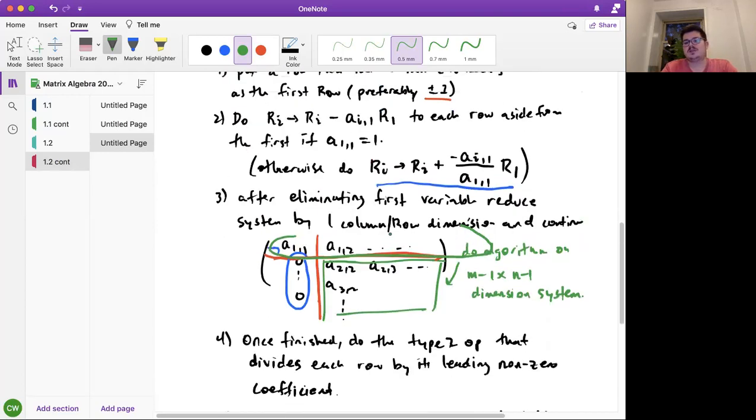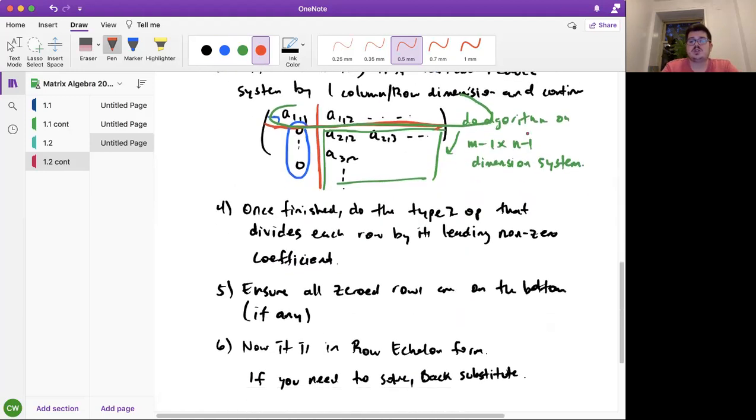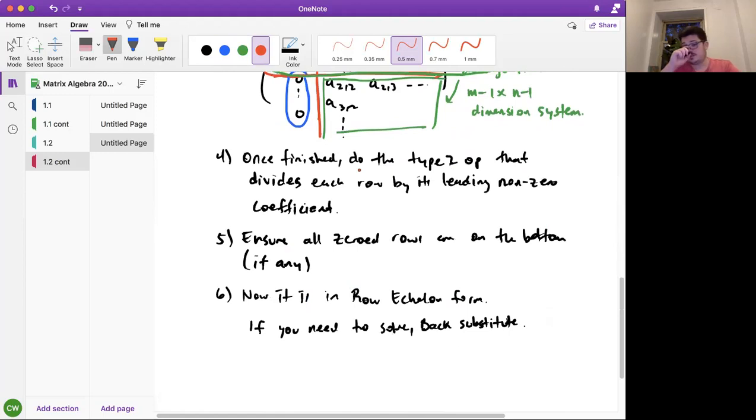So this will give you a triangle-form system, but we talked about something called row echelon form last time, which was an especially nice form of a system. Can someone say what makes row echelon special or different than a triangle system? Yeah, so the zeros are part of it. It's kind of like a triangular part.